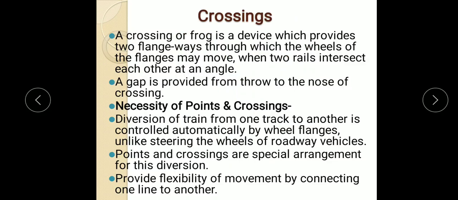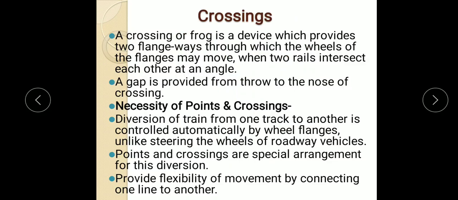The crossings are also called a frog, and it is a device which provides two flange ways through which the wheels of the flanges may move when two rails intersect each other at an angle, and this gap is provided from throat to the nose of a crossing.